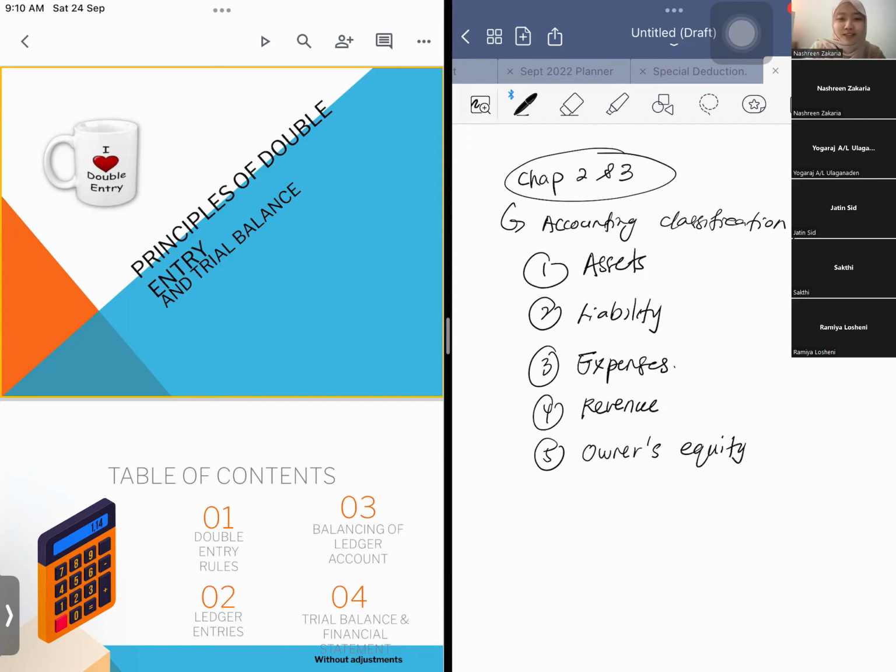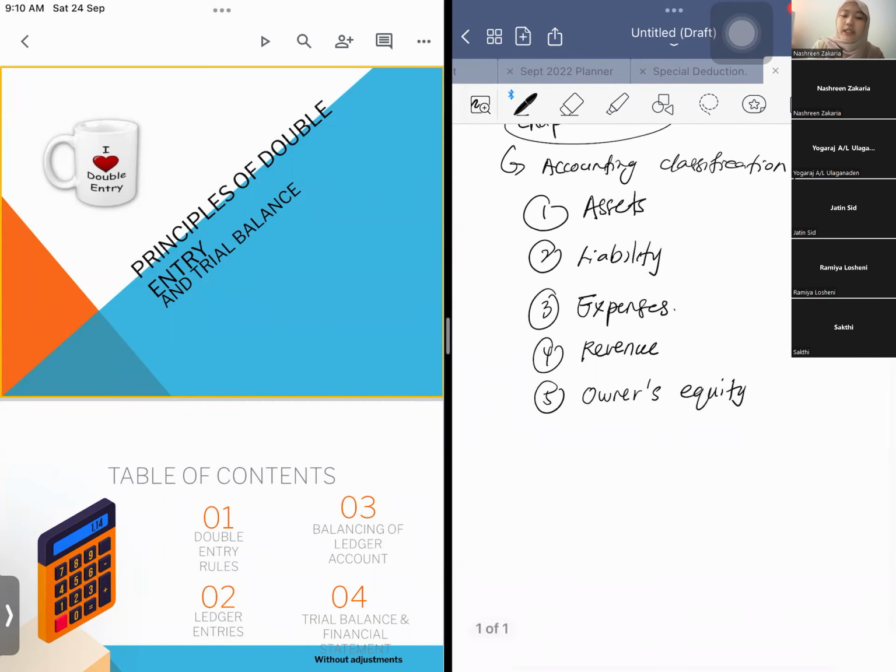All right, thank you, Ramya. These are the 5 elements under accounting. We have learned this last class. If I mention accounting classification or accounts element, this is it, the 5 elements. You need to remember, I mentioned last class.